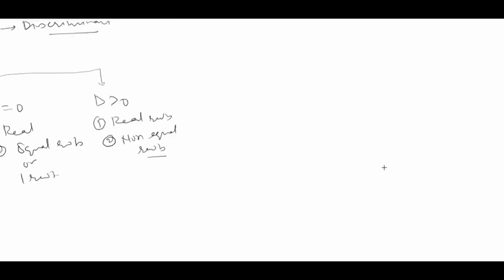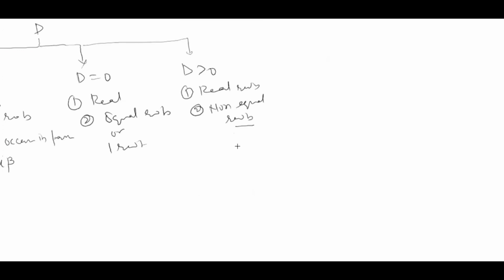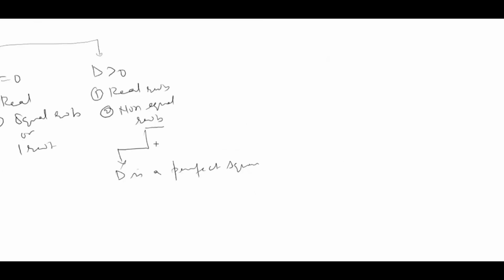So there will be certain more varieties to it. If d is a perfect square, then fine, you will have rational roots, of course. And when d is not a perfect square, there will be two situations.